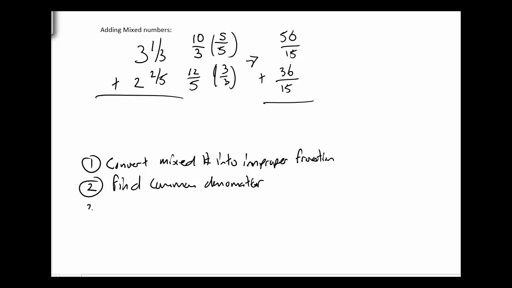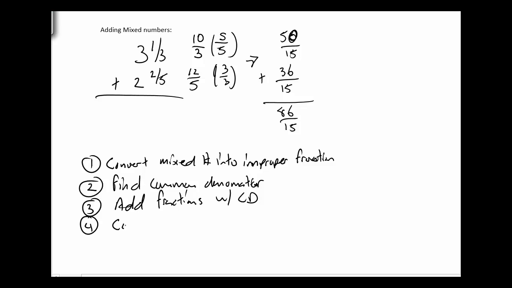And then we just want to add our fractions together. So we add fractions with common denominators. We want to follow those rules that we've just developed. So 50 plus 36 is 86 over 15.